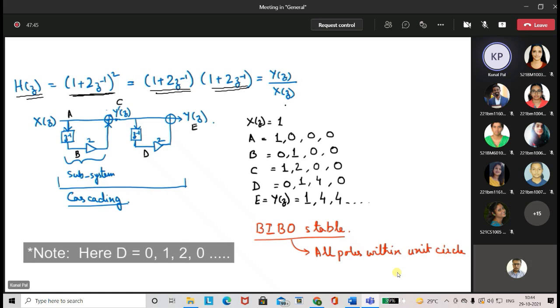In the same manner, when you get this kind of system, we can break it down and write it as H1(z) and H2(z). These H1(z) and H2(z) are regarded as the subsystems.